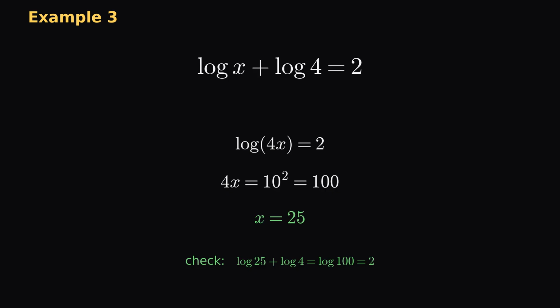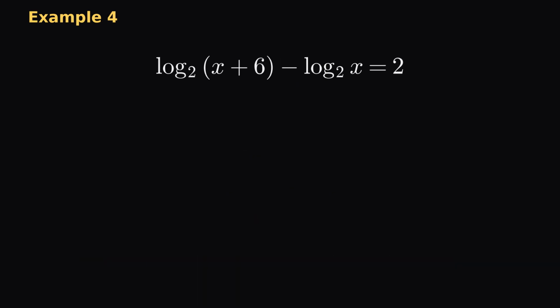Log 25 plus log 4 is log of 100, which is 2. And here's what would have gone wrong. You cannot convert term by term. Log x equals 2 and log 4 equals 2 separately is meaningless. Condense first. Convert once.